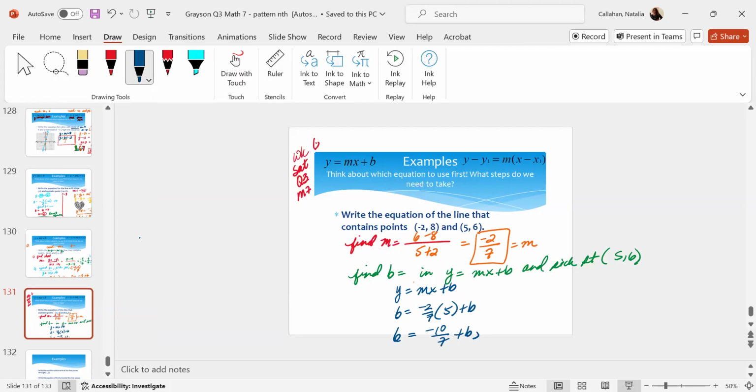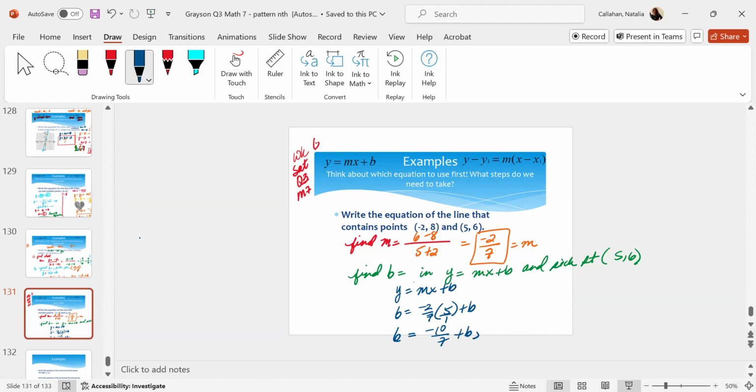What did you get for slope? -2. But I don't think it's going to get a whole number though. That's the problem, because it's 6 equals -10 over 7. I did -2. That's fine, but check your work because I think that's incorrect.